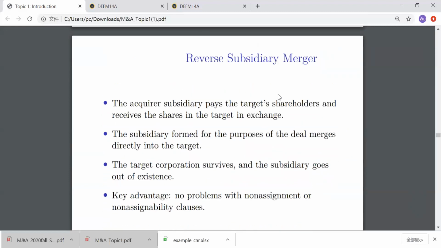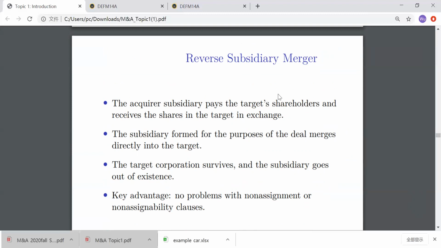Finally, there's also a deal called a reverse subsidiary merger. Here the acquirer's subsidiary pays the target shareholders and receives the shares in the target in exchange. The subsidiary that is formed for the purpose of the merger merges directly into the target. So in that case, you can see the target corporation survives.